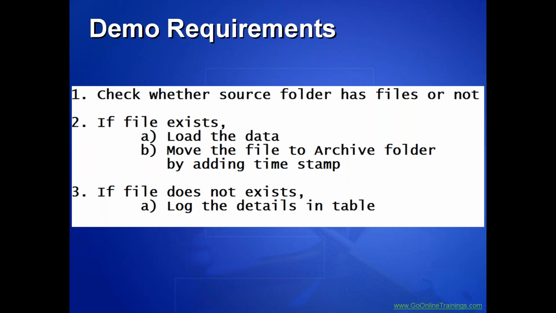All those files are dumped to the shared folder. From there, I'm taking all the files. If there is data in the file, I move the data to the data warehouse. The same file will be moved to the archive folder by adding a timestamp so that you don't leave the file in the source, because if you have the same file and try to implement, you may get duplicate data. Clear? So that is how we are implementing.